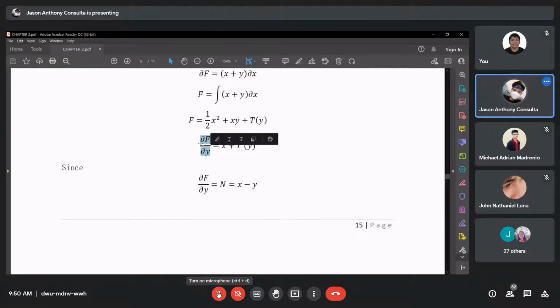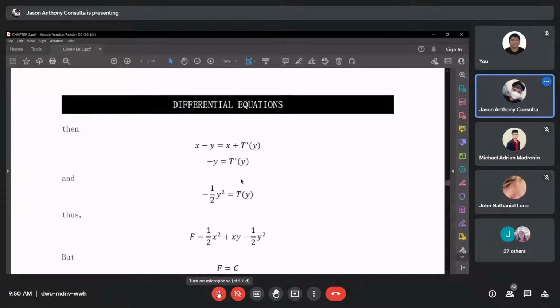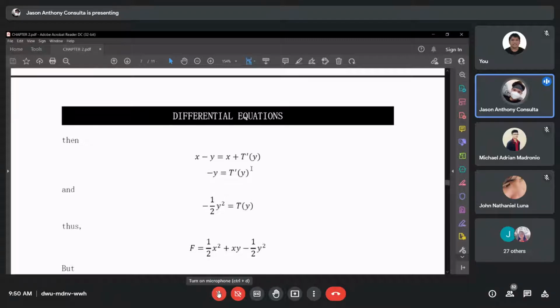Ito siya, class. Ito lang siya. Pinalitan lang natin yung partial differential of f with respect to y ng x minus y. So, x minus y equal to this one, x plus t primes of y. So, pag nakuha na natin, substitute na natin yun, let's simplify and find t primes of y.